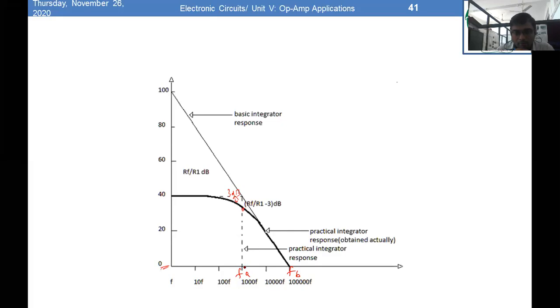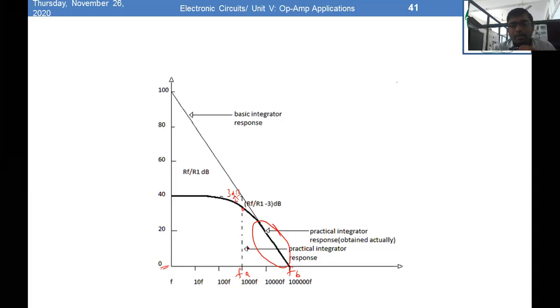So in this particular region, your circuit acts as an integrator. In the region of constant gain, it is not acting as an integrator. But where the gain decreases, you can see the actual response of the practical integrator when the frequency is in between FA and FB.